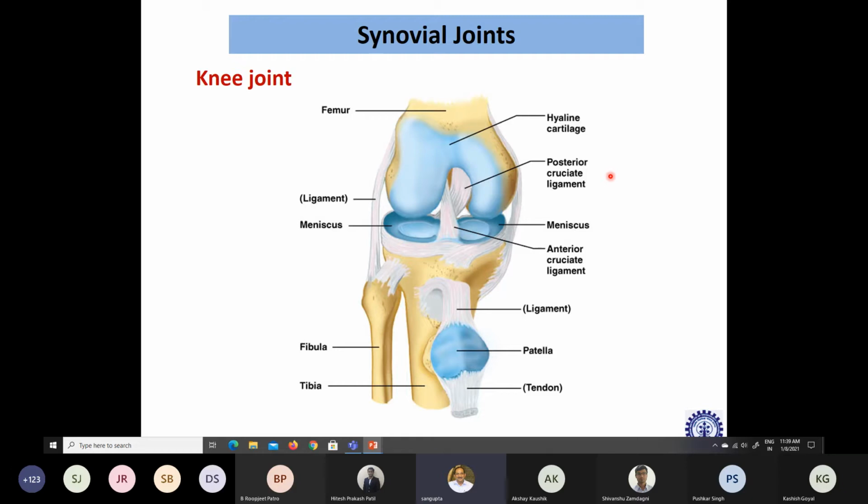So these are the primary ligaments which are responsible for maintaining the stability of the knee joint.